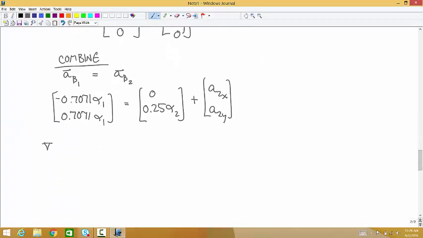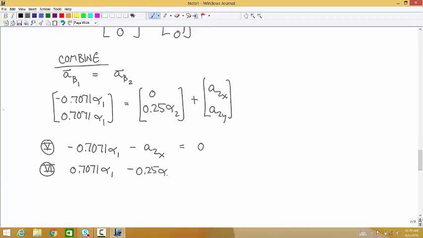And so for our system of equations, the fifth equation says negative 0.7071 alpha 1 minus A2x is equal to 0. And the sixth equation says 0.7071 alpha 1 minus 0.25 alpha 2 minus A2y is equal to 0.